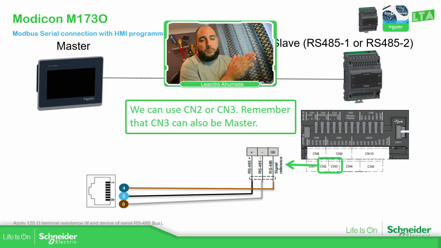The CN2, which is the RS485-1, is only a slave, and the RS485-2 is a slave or master. So in order to communicate with an HMI, I usually use the HMI as a master and the PLC as a slave.